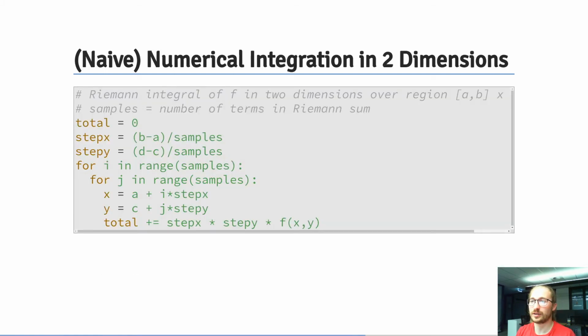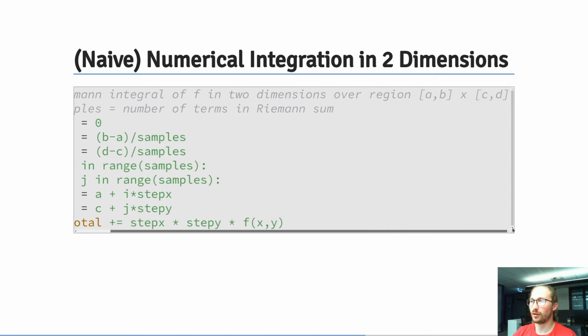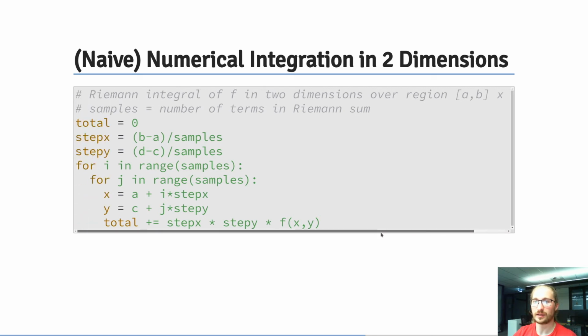And so here's an example of naive numerical integration in 2 dimensions. Basically, we're integrating over this region here, a patch where the width is from a to b and the height is from c to d. We have to compute a step size for x and a step size for y. The step size for x will be b minus a, the width of the rectangle, divided by the number of samples.